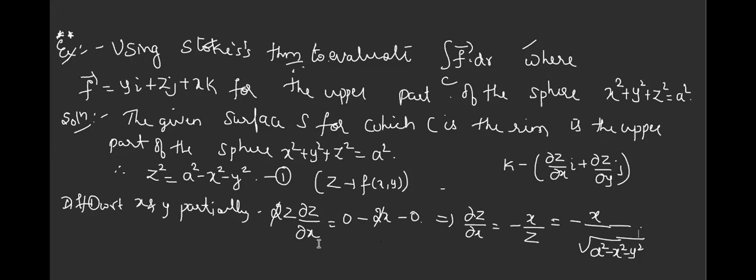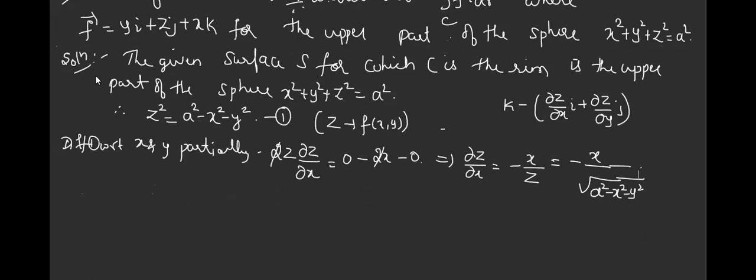Am I right with this? What will be z? Under the root, a square minus x square minus y square. Correct?